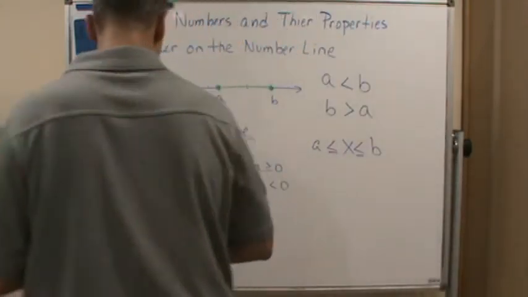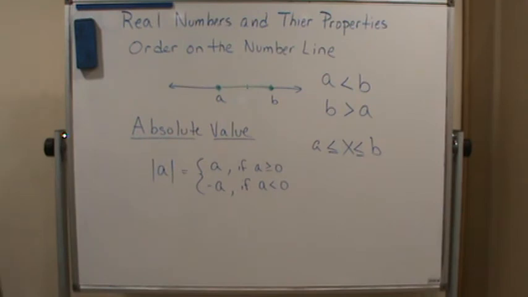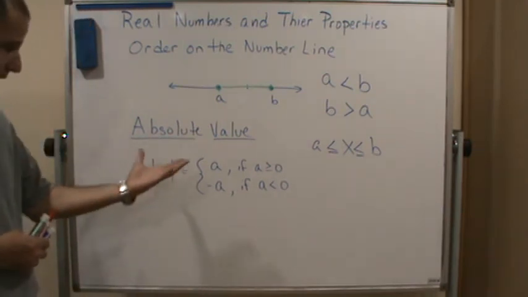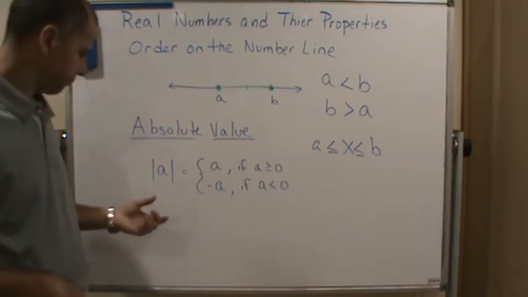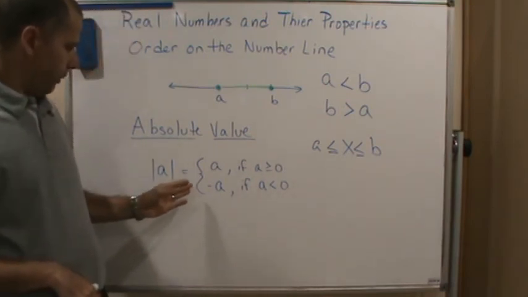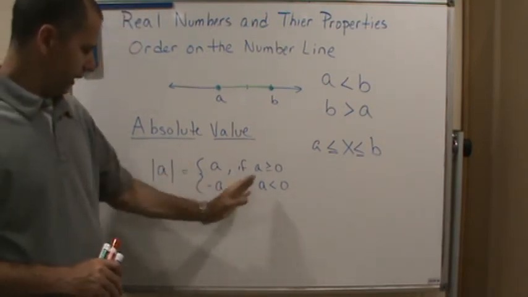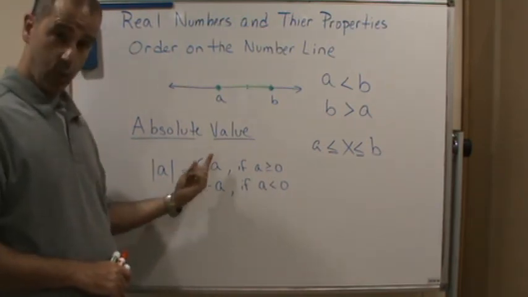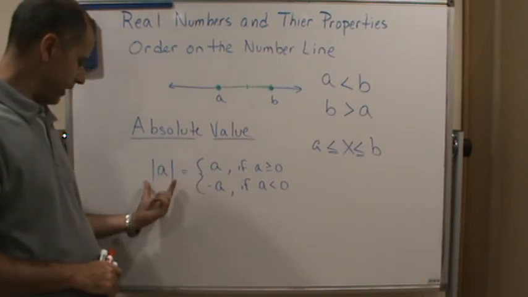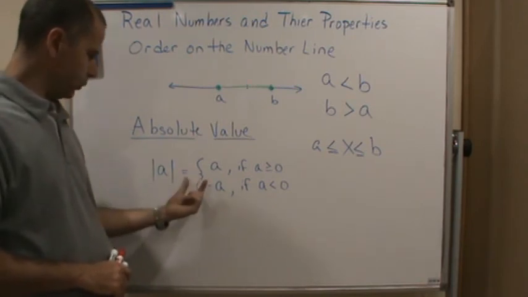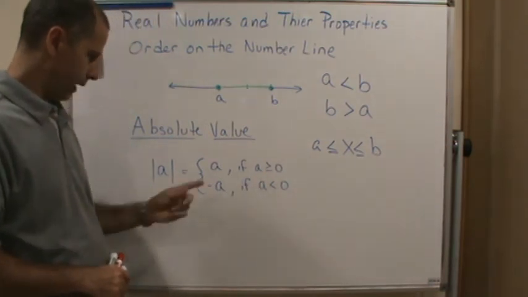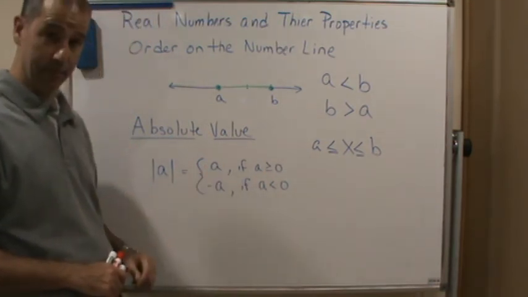So the algebraic definition for absolute value is this. I'm representing what I just said in words here. The absolute value of A is a piecewise function: the absolute value of A equals A if A is positive, so it basically stays the same.